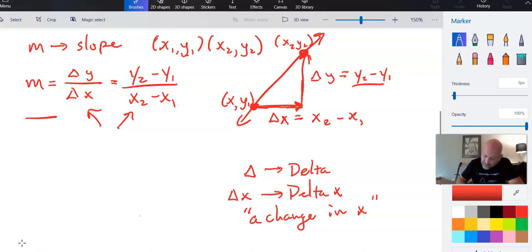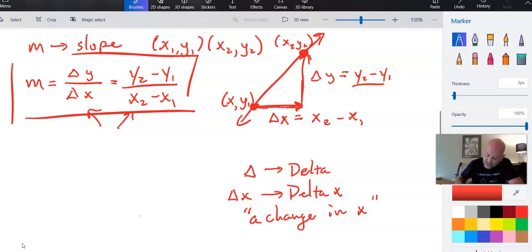Okay, so we have a formula here, and I'm going to rewrite this shortly, but this formula you really do need to memorize. You need to know this formula by heart because it will show up in every level of math that you take from now on. If this is your last math class, well, it's still true. It shows up in statistics a lot whenever you're dealing with regression lines, although the formula is much messier in statistics.